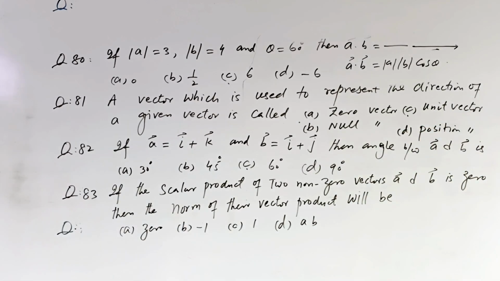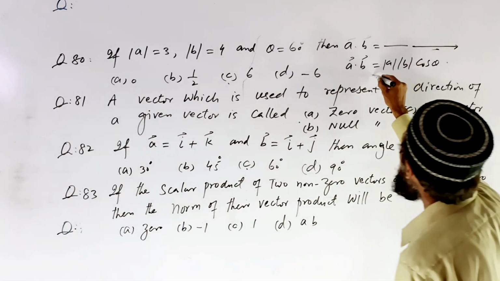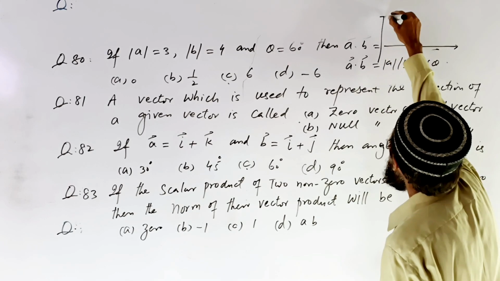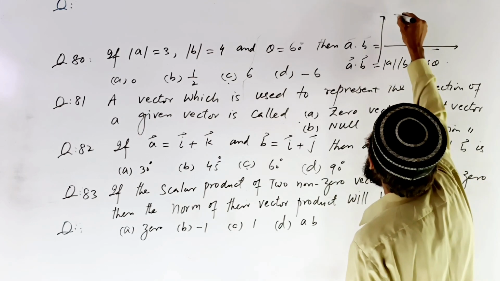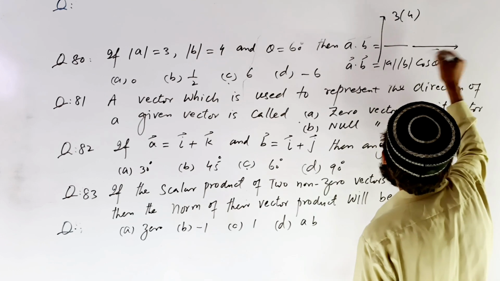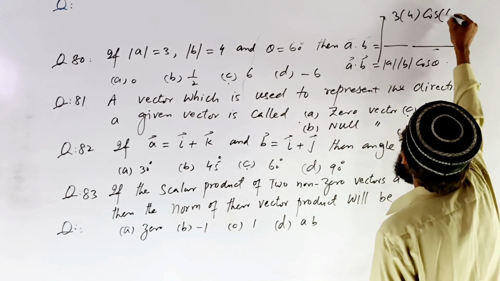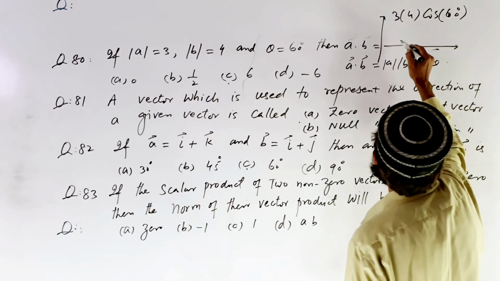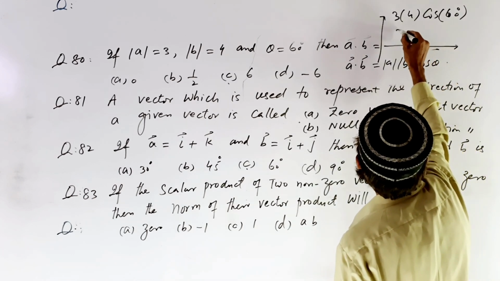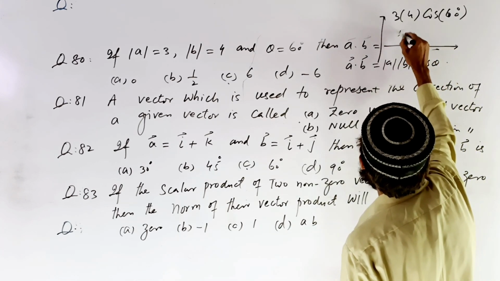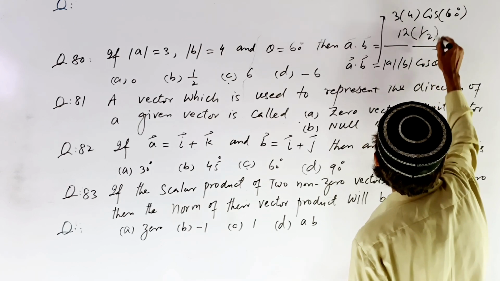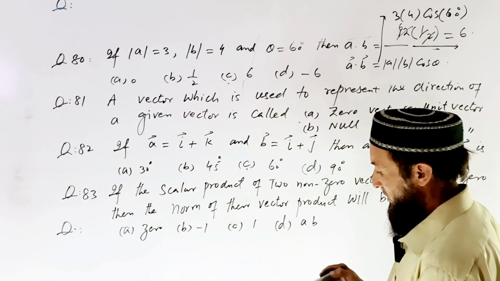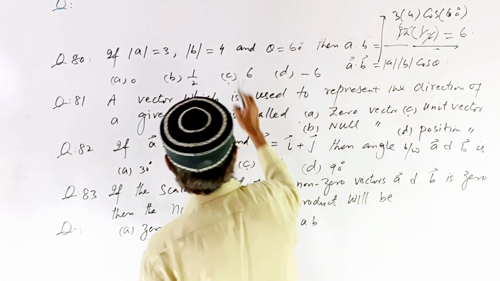If we put the values, A magnitude is given 3, and 4, and cos 60. What is the result of cos 60? Cos 60 is equal to 1 by 2. So we get 12 times 1 by 2, which is 6. 6 is the correct answer. C is the correct option.